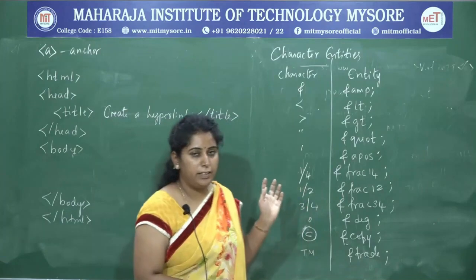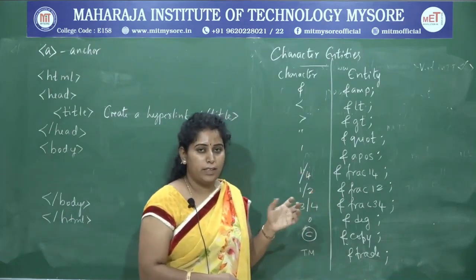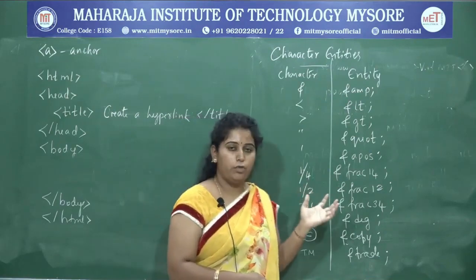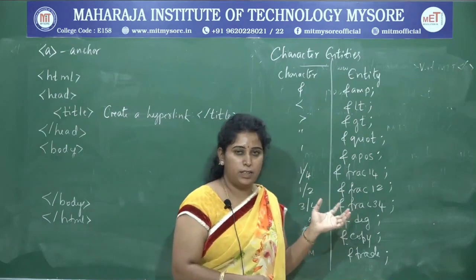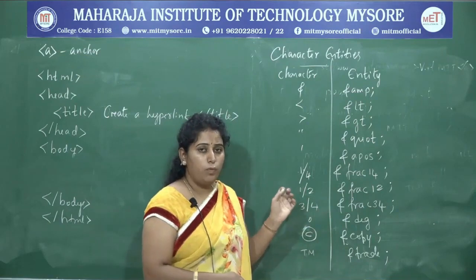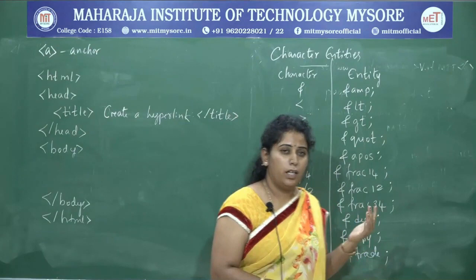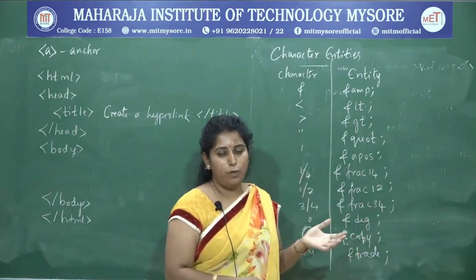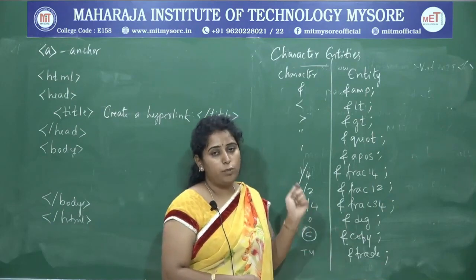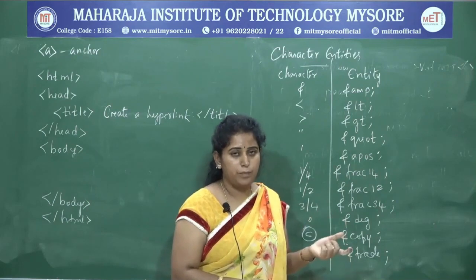So next is about character entities. Character entities means a set of characters. As you all know, we make use of alphabets, letters, digits, everything while coding a program. Is it right? So now there are certain characters which cannot be typed as it is given on the keyboard. For example, I want to print a greater than symbol, or I want to print a lesser than symbol.